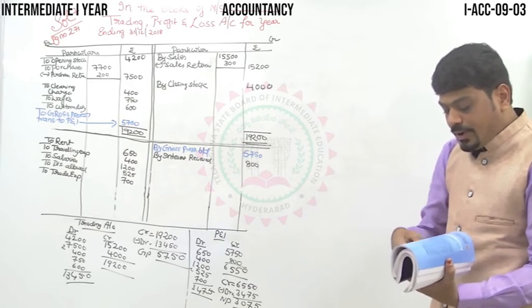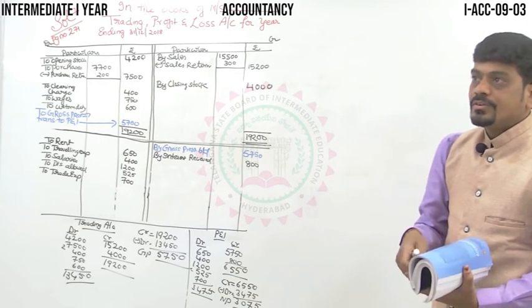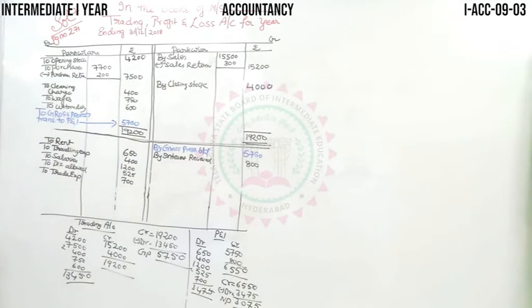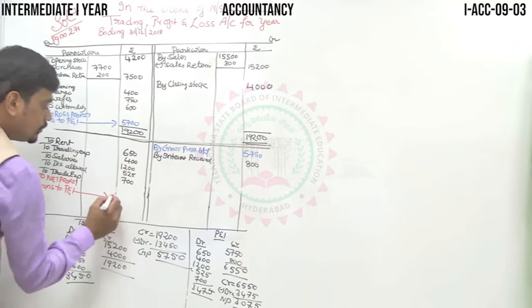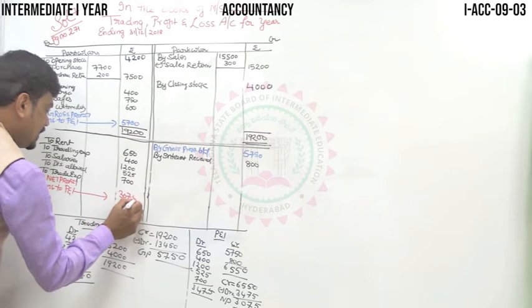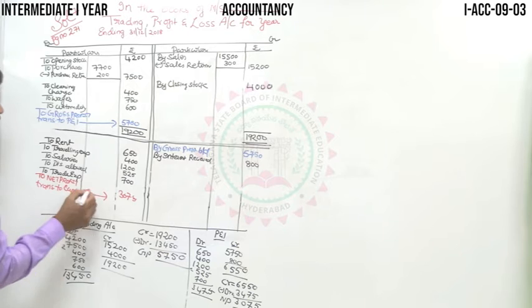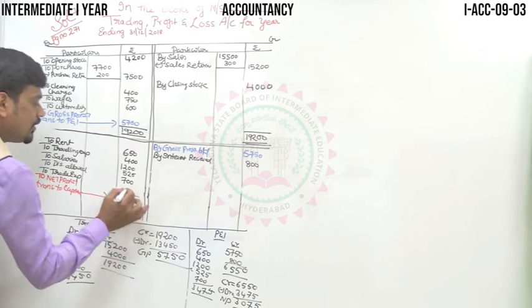This net profit we are going to post. Where are we going to post? We'll post in the profit and loss debit side. So to net profit transferred to capital 3,075.